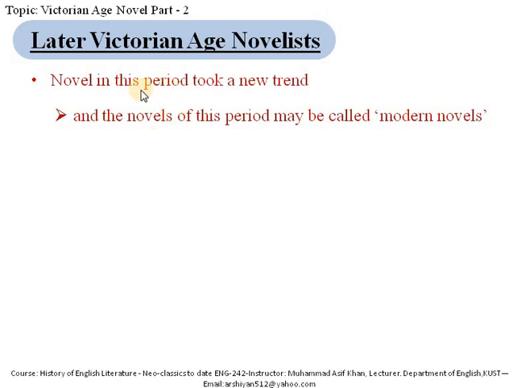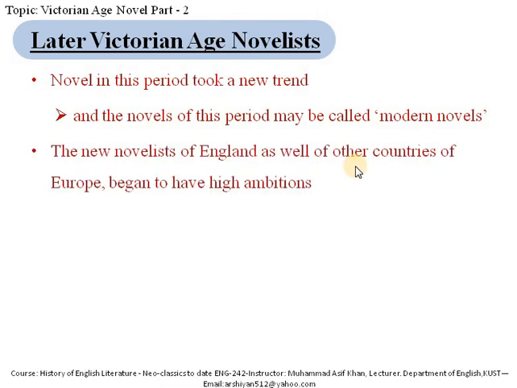The novel in the later Victorian age took a new trend, and the novels of this time may be called modern novels, because the new novelists of England as well as of other countries of Europe began to have high ambitions. They were striving to make the novel as serious as poetry.